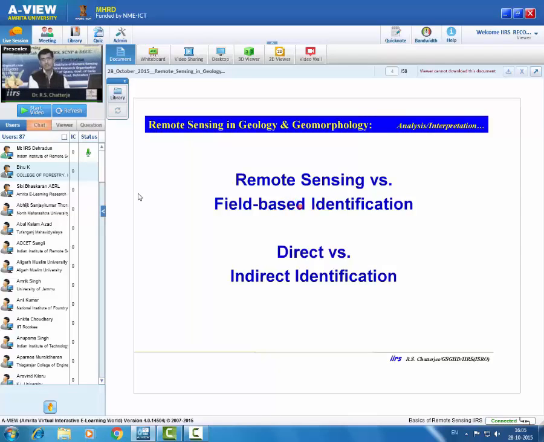But in field-based information, we get the actual information about the geology at that particular point, but only macro scale information. So this is the difference between these two, and we need to use both. The information we derive from remote sensing, we can derive from direct signatures and from indirect signatures as well. That we will explain in the subsequent slides.